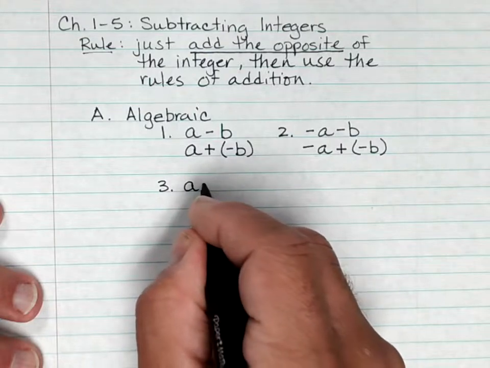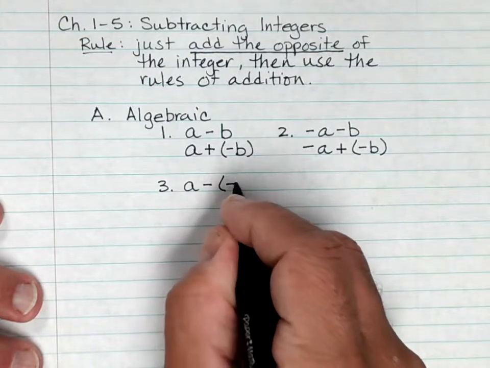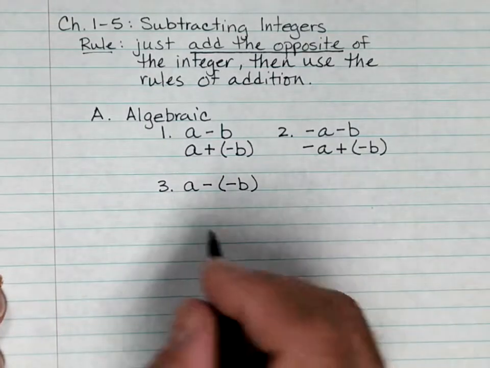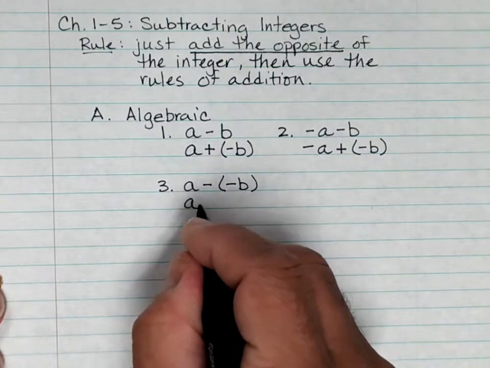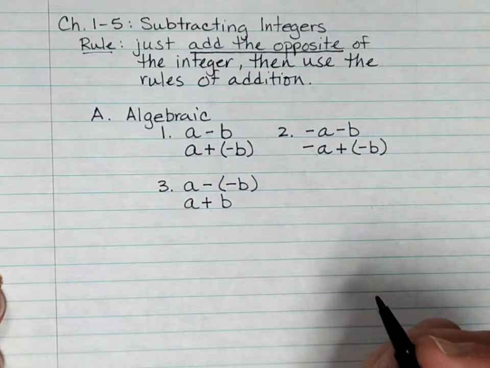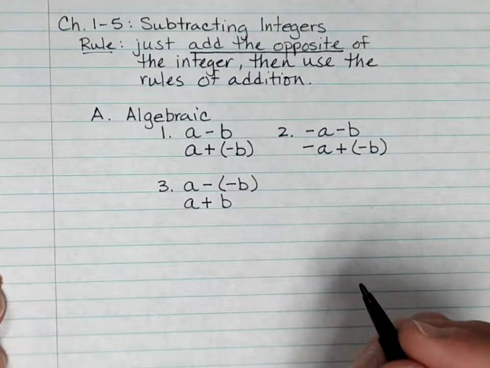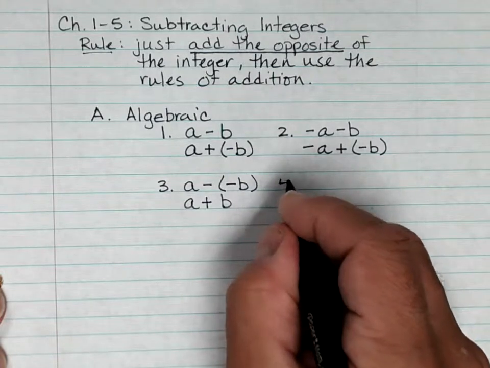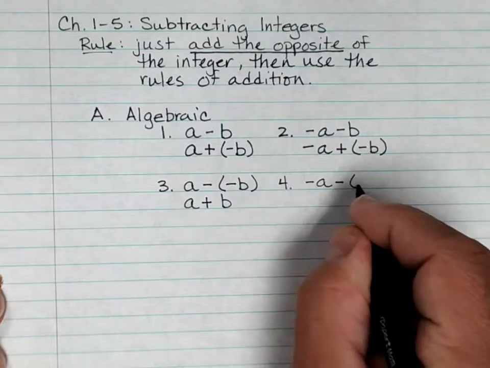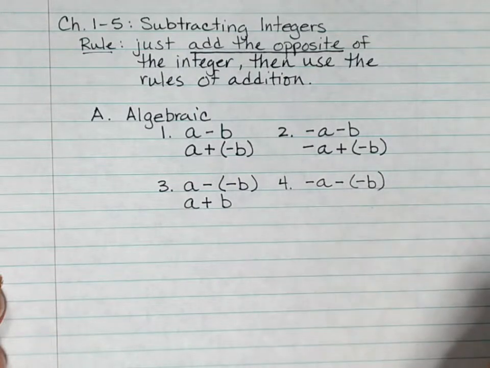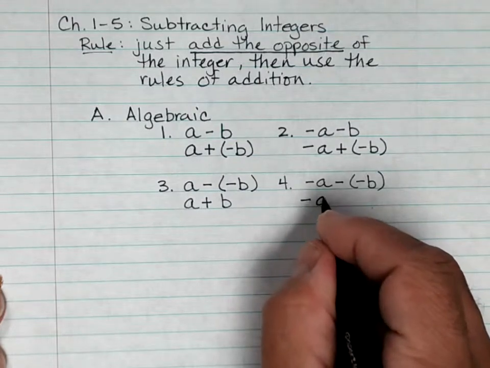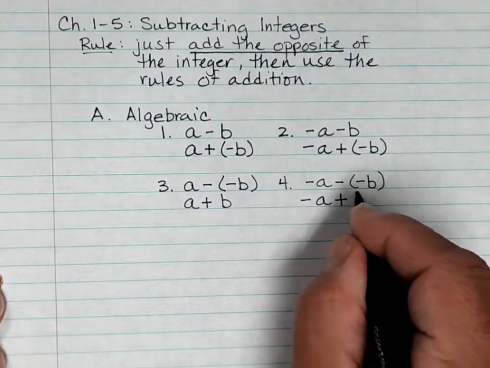So a minus a negative b. Again, the rule, add the opposite. And then the last one, negative a minus a negative b. One last time, add the opposite.